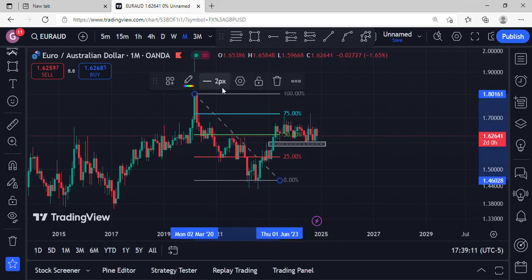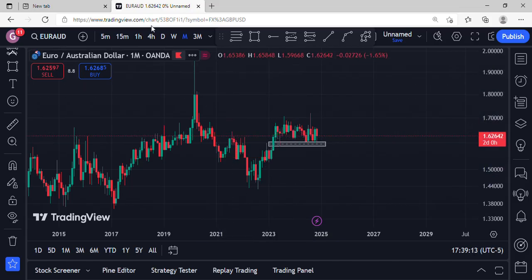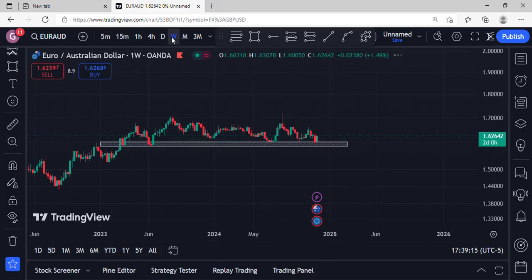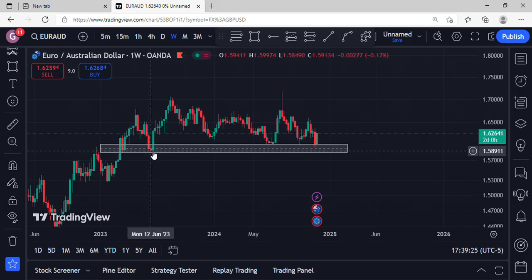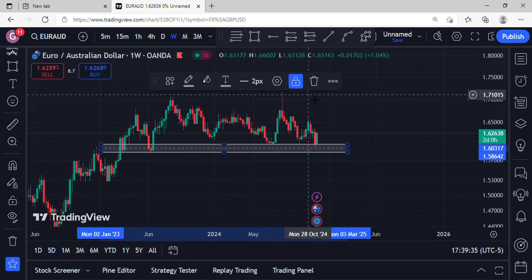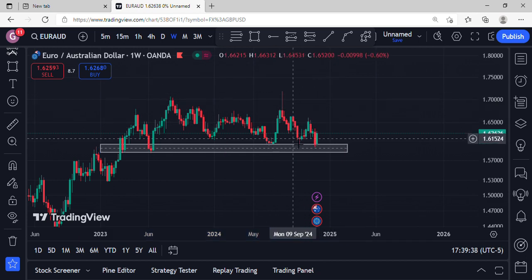So going into the weekly, I think that will be a bit clearer. Good. As you can see over here, in the weekly there is this tiny bullish order block inside of the monthly bullish fair value gap. Let me take that off.